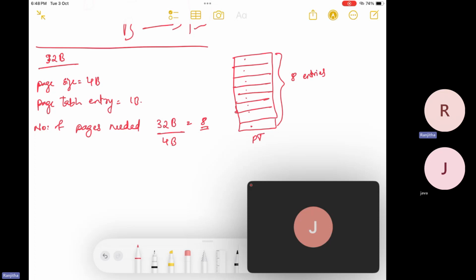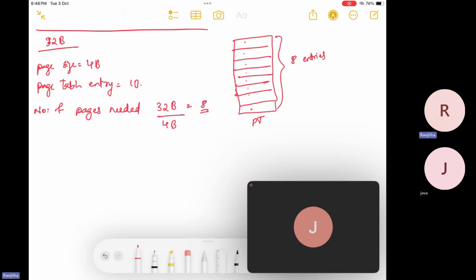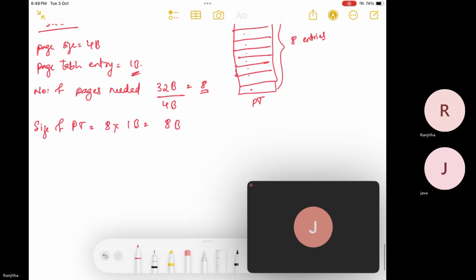Now what will be the size of this page table? We have 8 entries, and each entry is of 1 byte, which is 8 bytes.